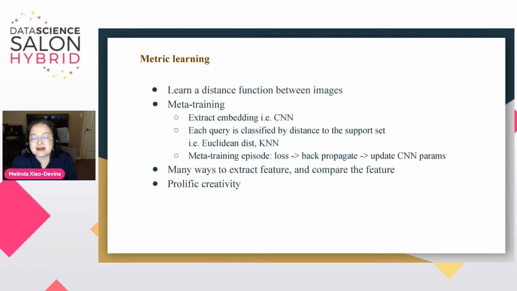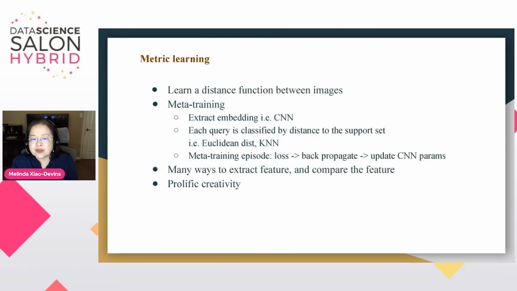You can use a CNN network to extract embedding, or you can also do some other embedding as well. Each query is classified by the distance to the support set. You can use a Euclidean distance and classifier. You can use a k-nearest neighbor as your classifier.